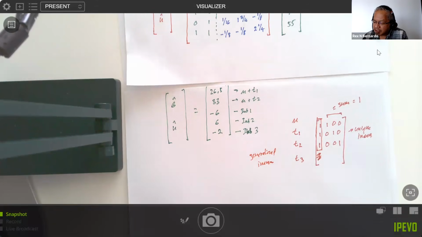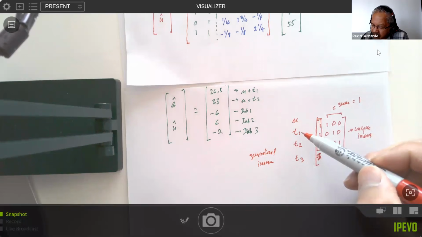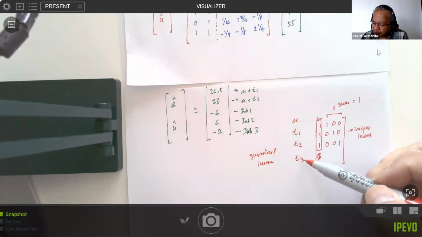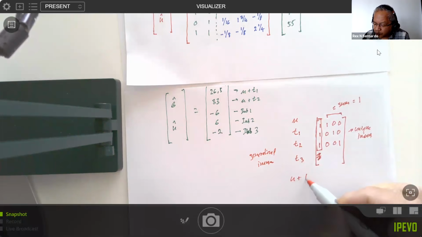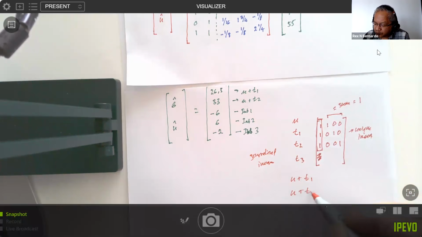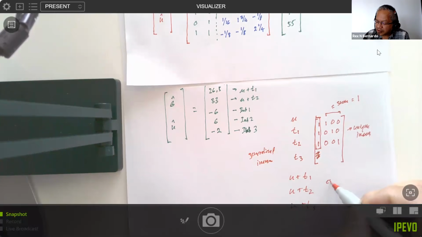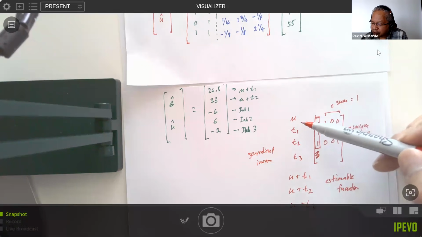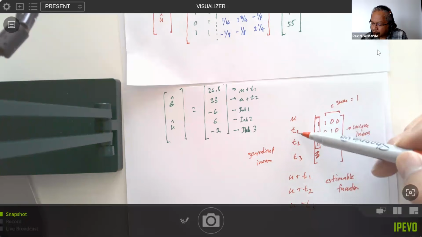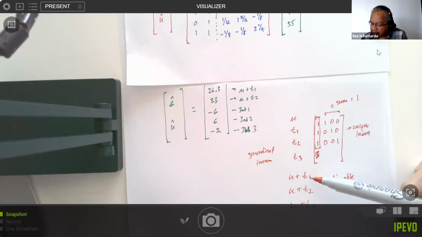The point being that even though the solutions of U and T1 and T2 and T3 are not unique, U plus T1, U plus T2, U plus T3, each of these remains unique. Each of these is estimable, and this is what is called an estimable function. Even though we cannot uniquely estimate each of these four, each of these functions is estimable.